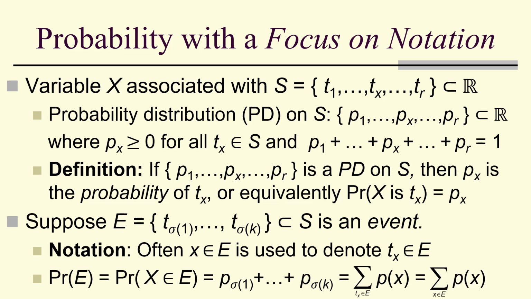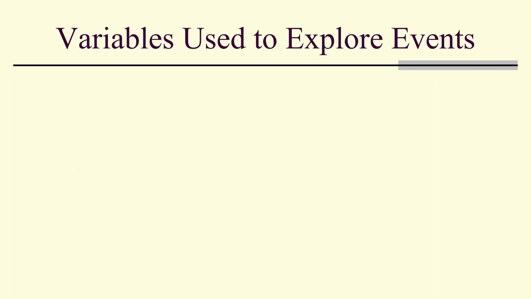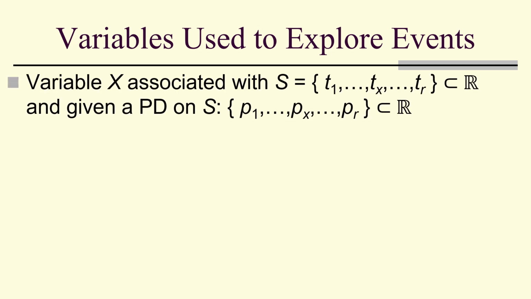And using our nice notation, we have a very nice representation: if E is an event, then the probability of E is the sum over x in E of P of x.